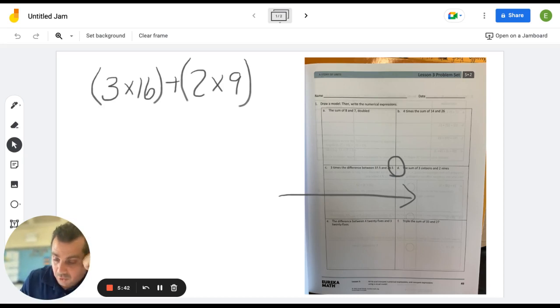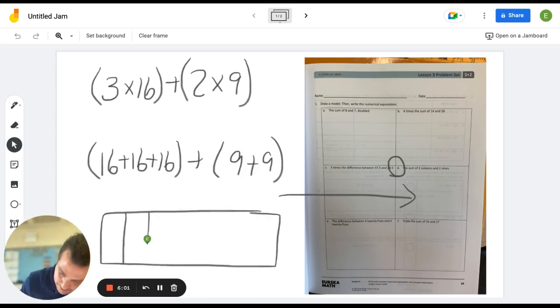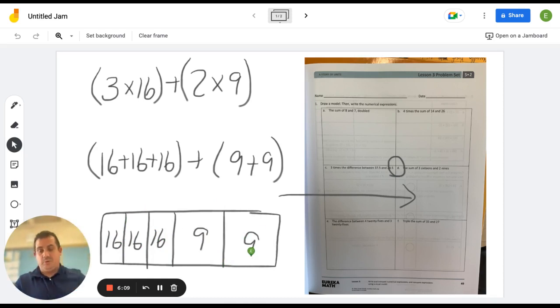Or, the long way would be, if I'm doing the sum of 3 16s, would be 16 plus 16 plus 16. And I'm going to add that to 9 plus 9. And if I was showing with my model, this would be 3 16s and 2 9s.